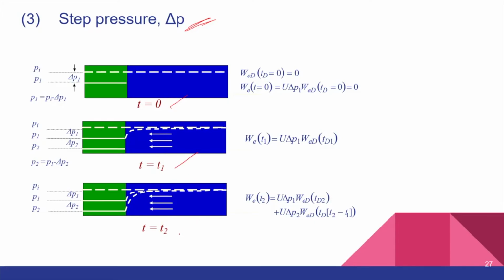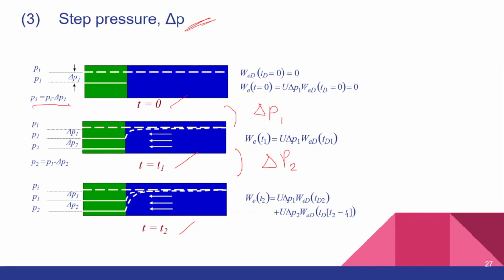So the step pressure means at every addition of time, you have the delta P. So for t equals 1, your P1 will be equal to Pi minus delta P1.